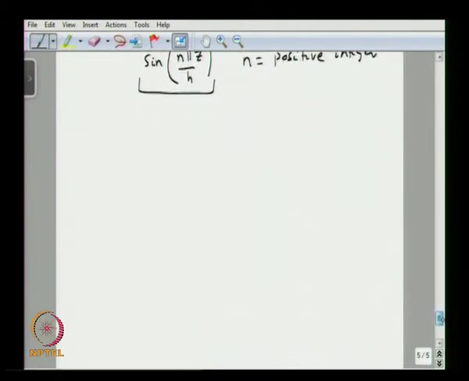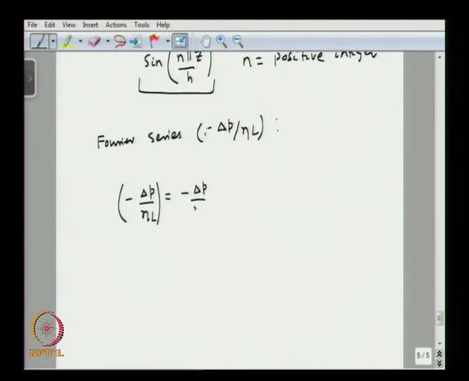So, now let us first do the Fourier series expansion for the right hand side, the Fourier series for minus delta p over eta L. We can write minus delta p over eta L as minus delta p over eta L into 4 by pi summation n odd, so only odd values of n are used, to infinity, 1 over n into sin n pi z over h.